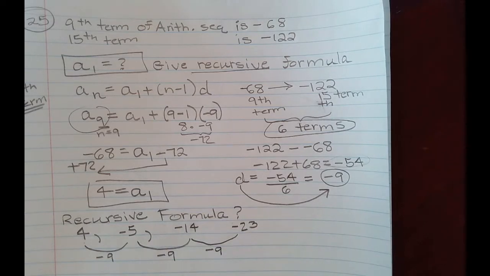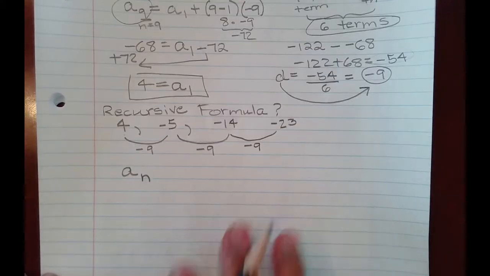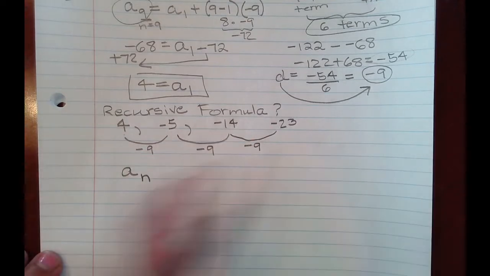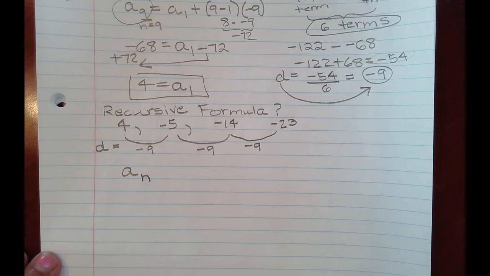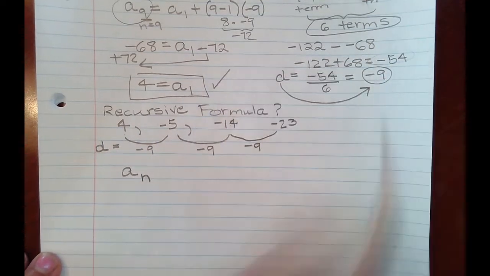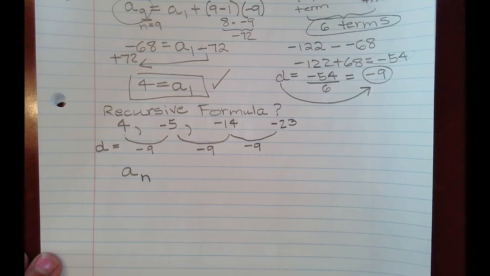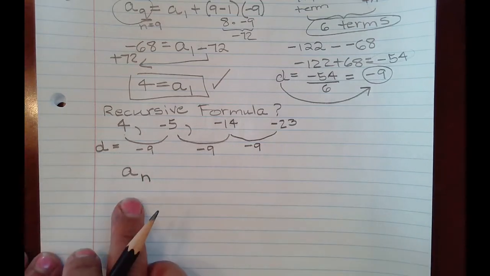All right, so if you wanted to give a recursive formula, you could just go with any term in the sequence of these values that I've listed here. Notice that all I was doing was using the common difference to jump from one number to the next. I had already figured out what the first term was. It was 4. Then I kept subtracting 9 to move from term to term to term. This is going to allow me to write a recursive formula.